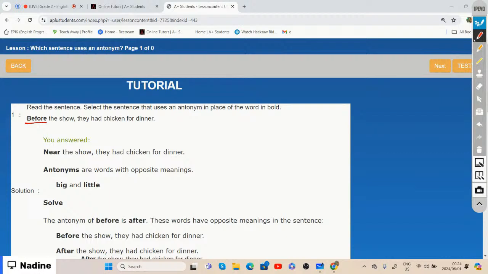Yes. So the word that is the opposite of before is after.